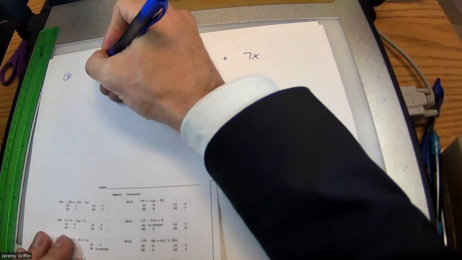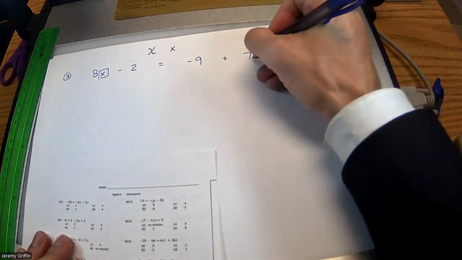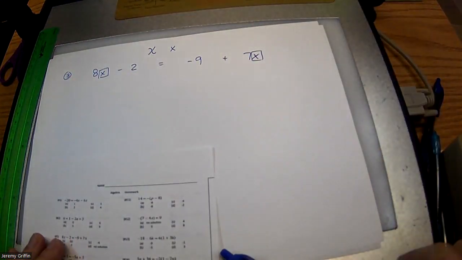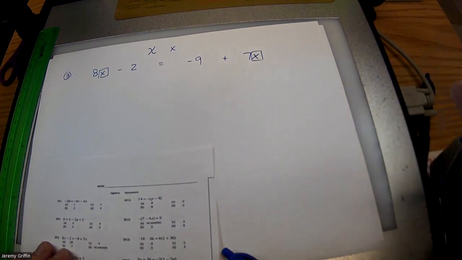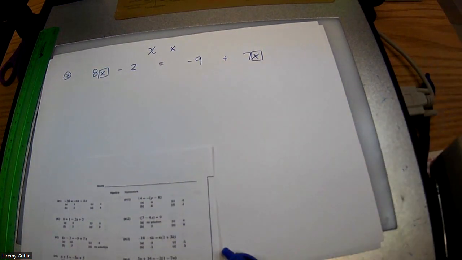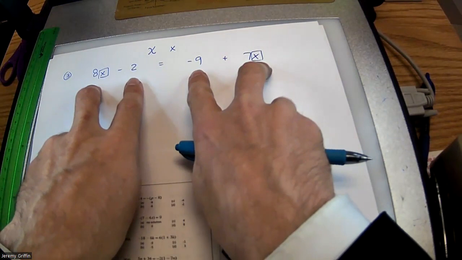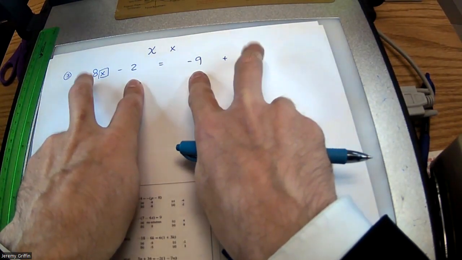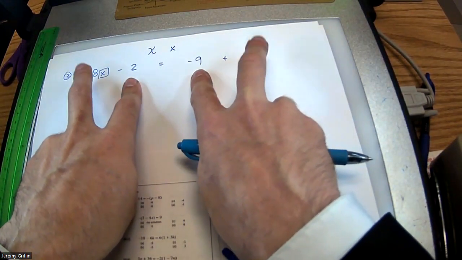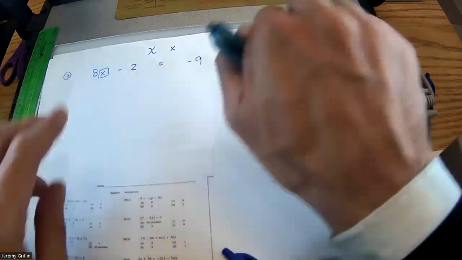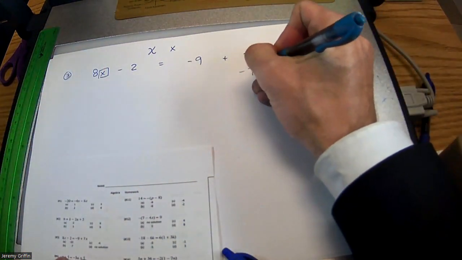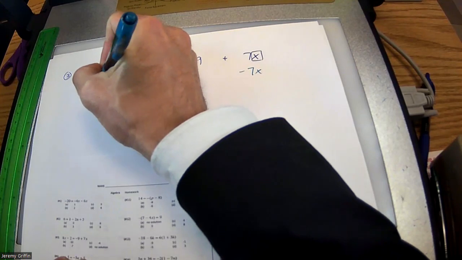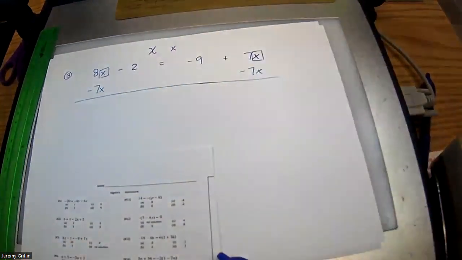All right, so let's go through an algebra process. We're solving for this x. The algebra process says you're going to undo everything that's already there. I see 4 terms, so we're going to get like terms together: the x terms, and the others are constants. So I'm going to subtract the 7x over. So subtract 7x. As long as whatever you do to one side, you do to the other side, everything's balanced.